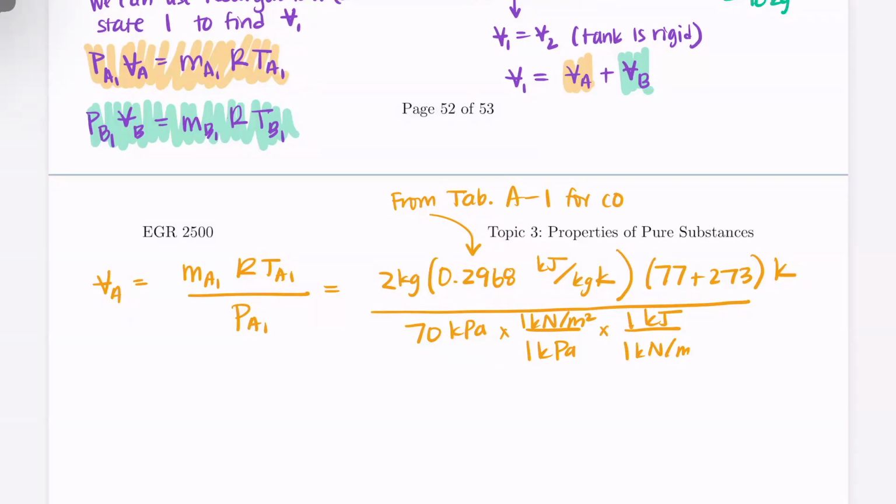So let's cancel some things out. Kilograms cancel, Kelvin cancel, and then kPa cancel. We have kilonewtons cancel, and then one of the meters cancels.